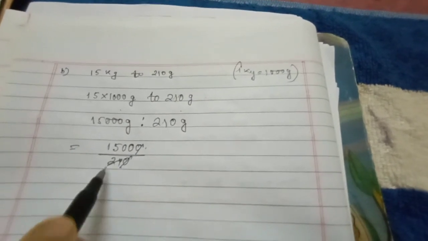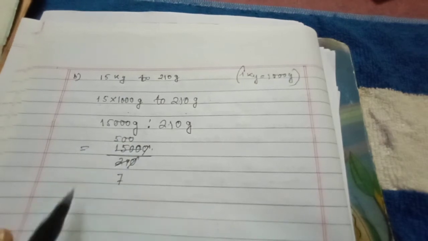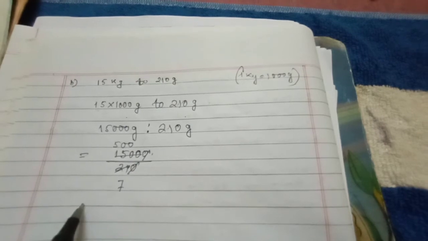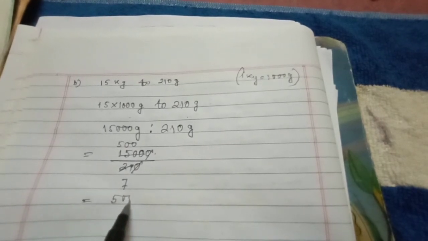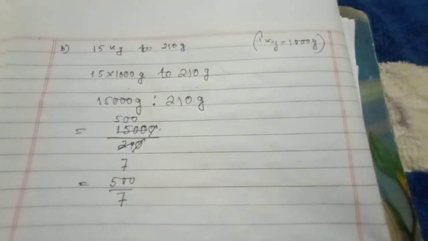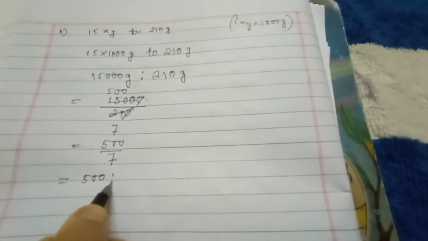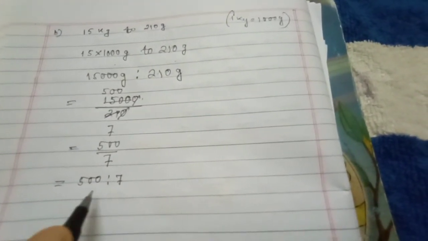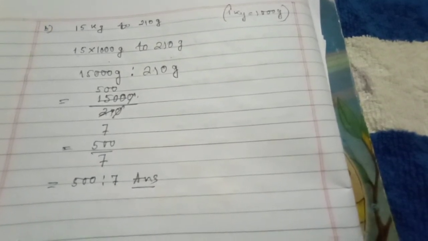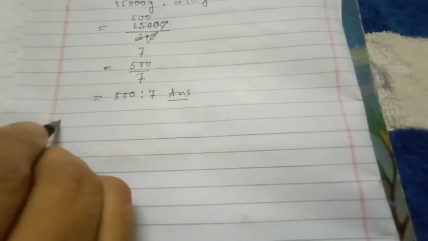You can have 3 7s are 21, 3 5s are 15. I think it is completed because you can't divide it more. Now the result is 500 by 7. Therefore the answer is 500 is to 7. When you will give the answer, you have to write in the ratio form, and remember there will be no units.